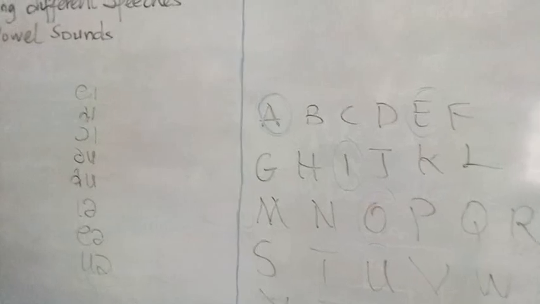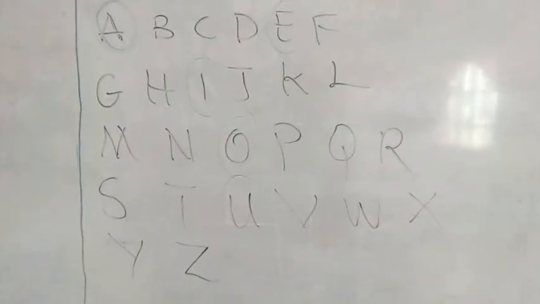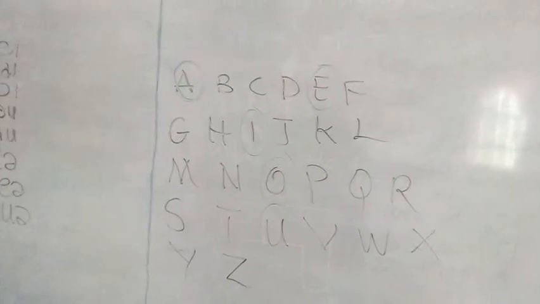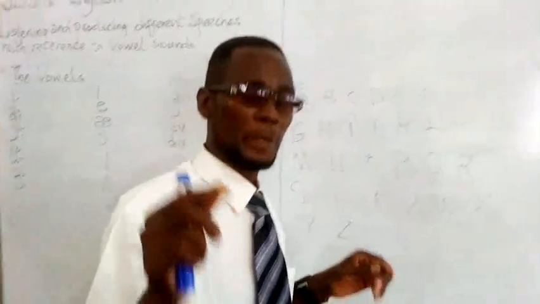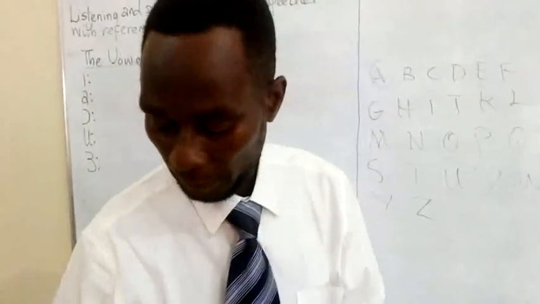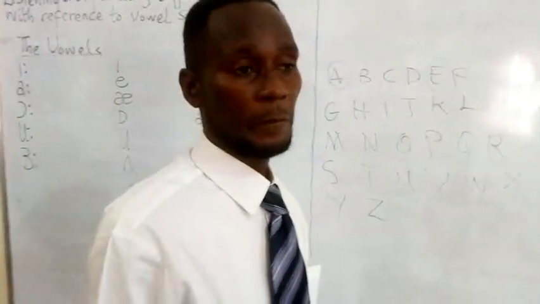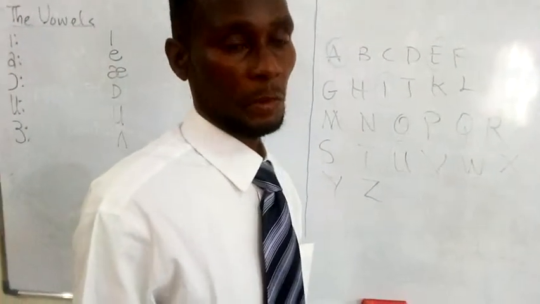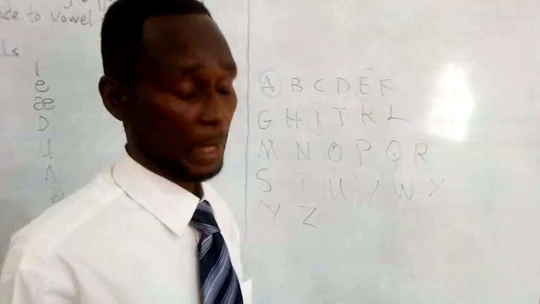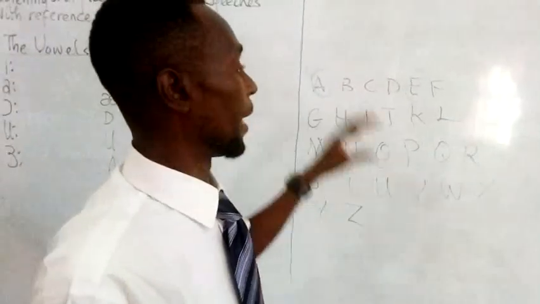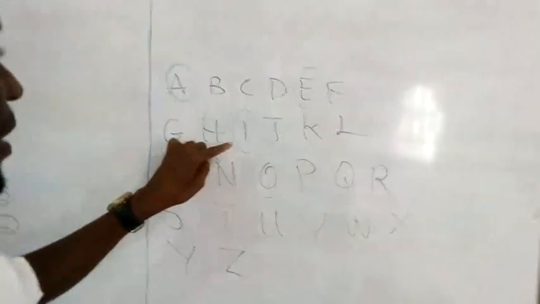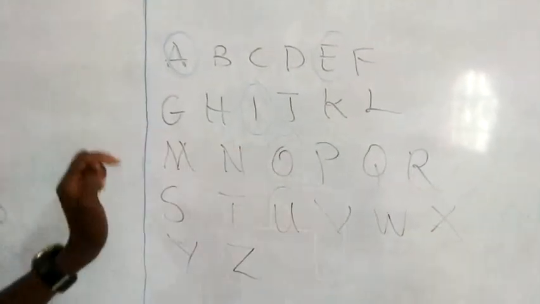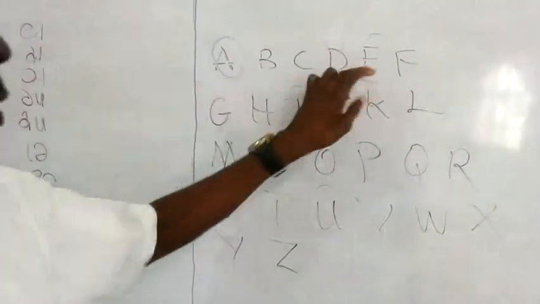So even in alphabets we still have vowel sounds there. I remember when you came in first term, I asked you to give me the vowel sounds. You gave me these, the primary ones, but it is more than this. This is A, this is E, this is I, this is O, this is U. 1, 2, 3, 4, 5. That is the vowel sounds.